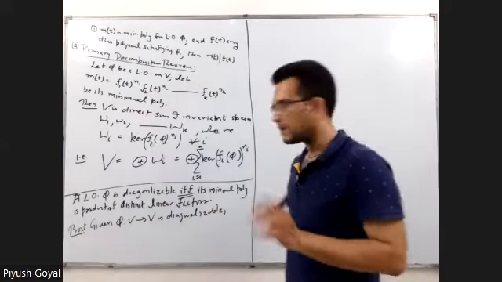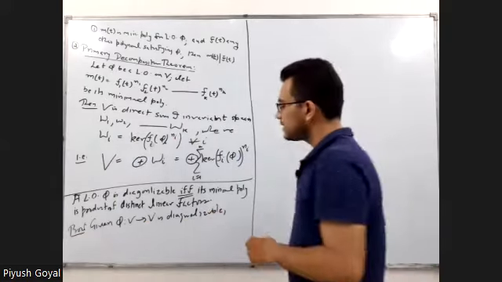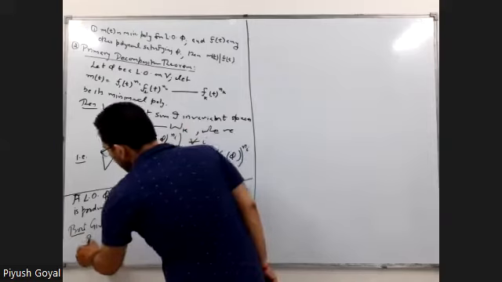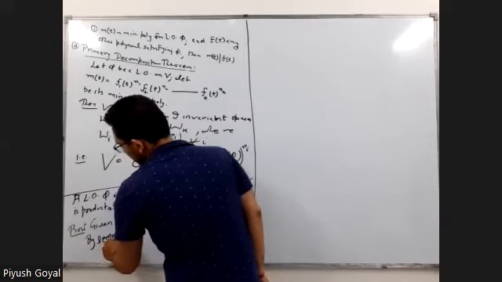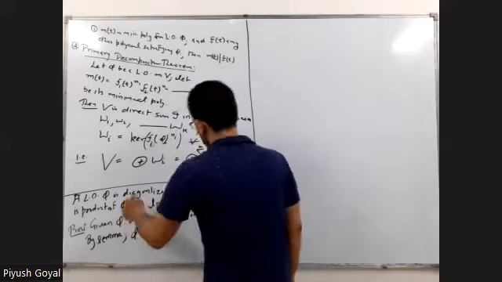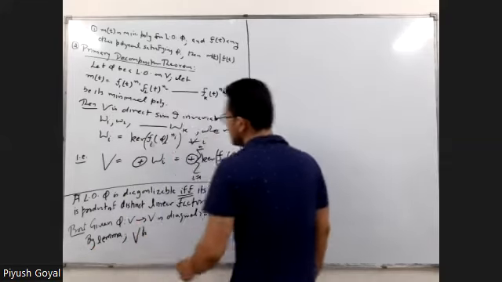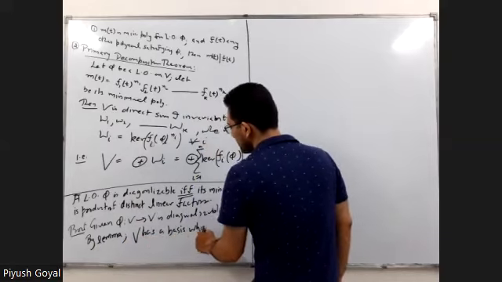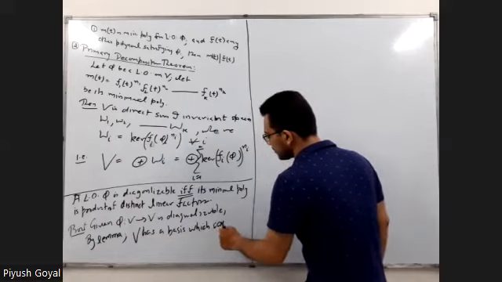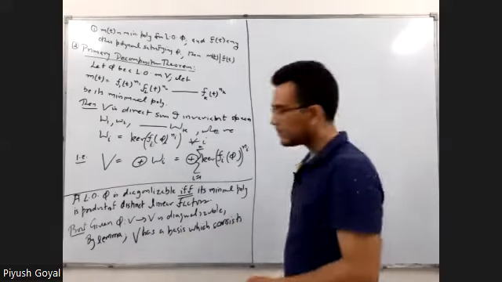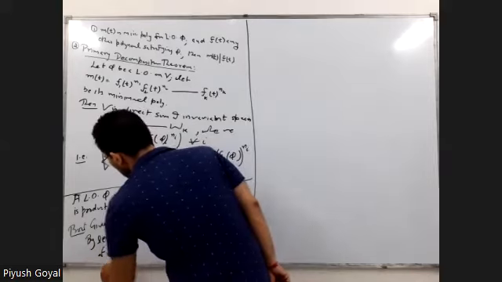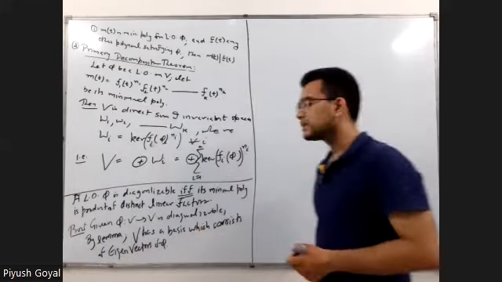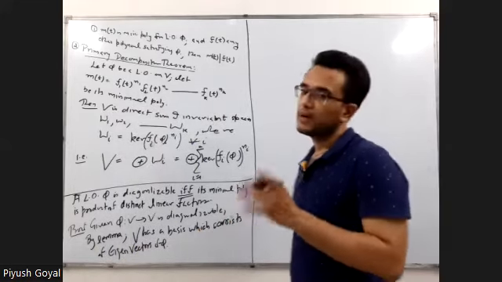If this is diagonalizable, then by the last theorem we did, by the lemma, V has a basis which consists of eigenvectors of phi.